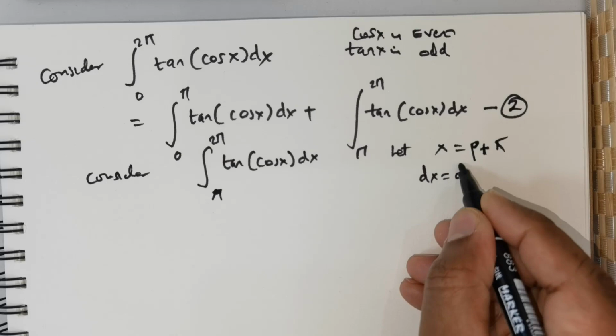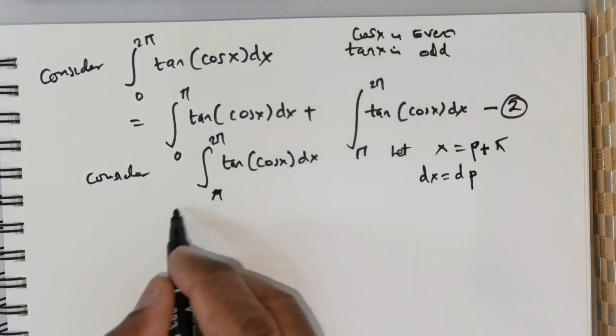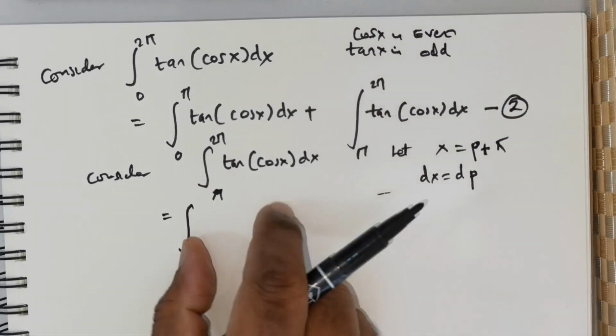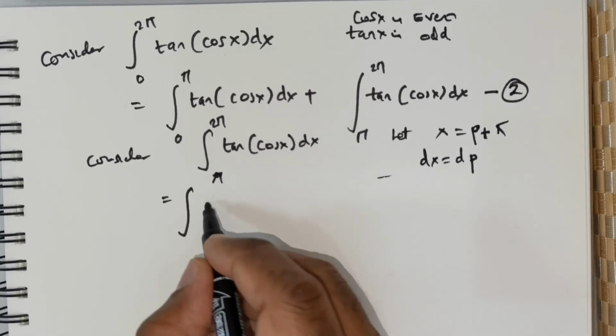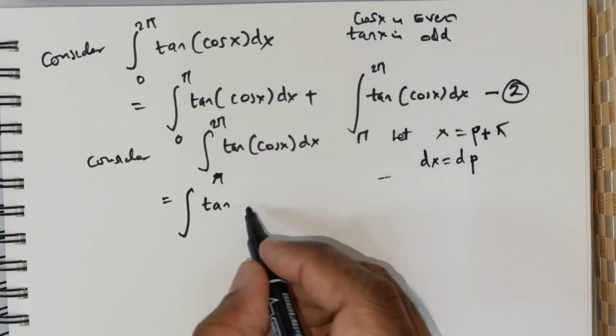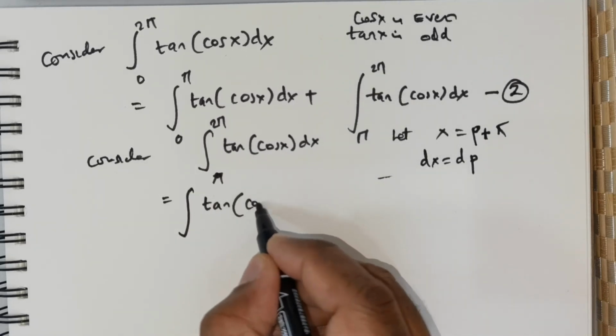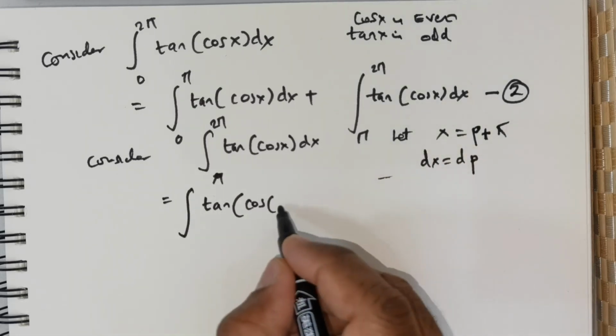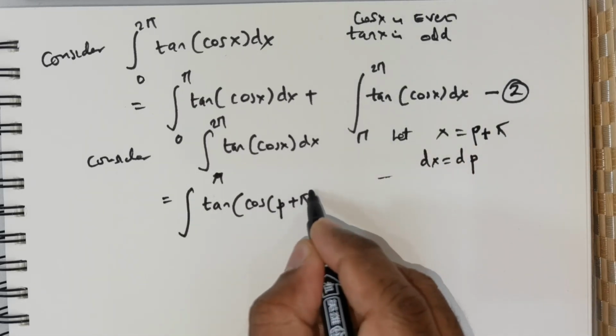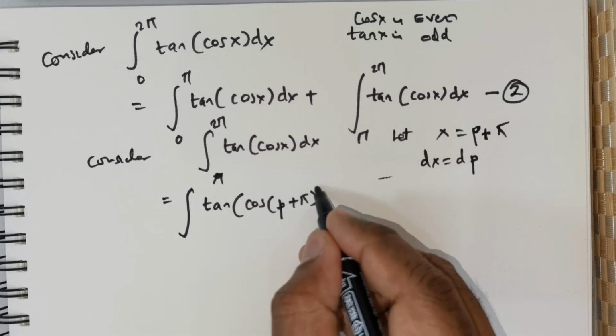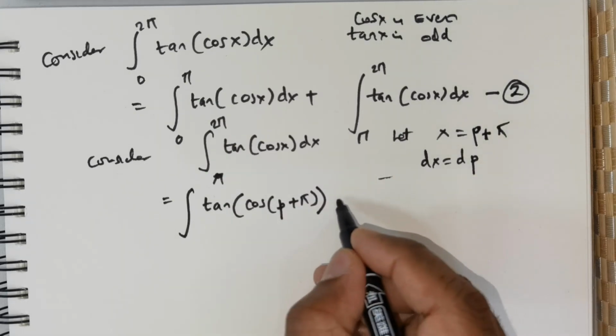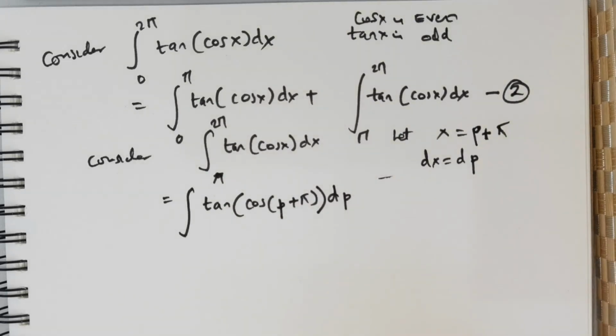So dx is equal to dp. I'm going to set the limits in a few minutes, but before that, let me make the substitution. So this is going to be tan of cos of p plus pi, and dx is dp.